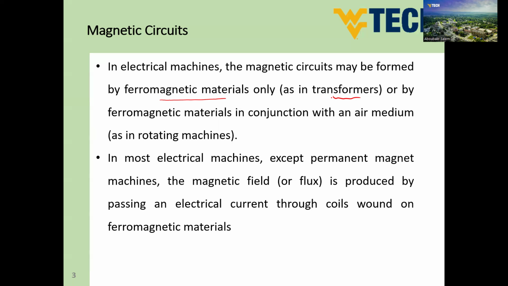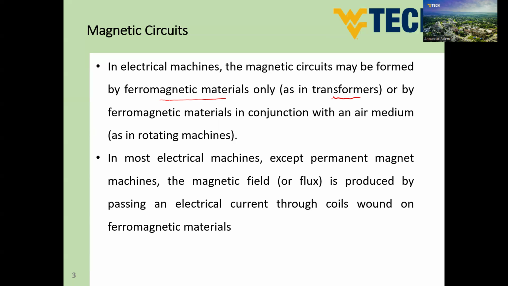But if all of you have attended electrical circuits with me, most probably you will be aware of the main parts of the transformer and the different tests we have in the transformer. And in this case, in the topic of transformer, we may get more advanced discussions about the three-phase transformer, not the single-phase one. So the core that we have in a transformer is nothing but a magnetic circuit.